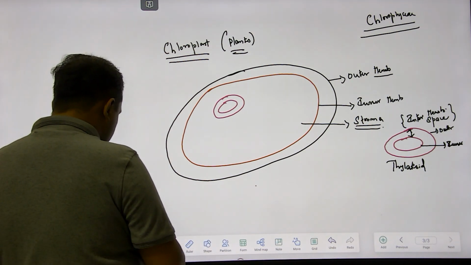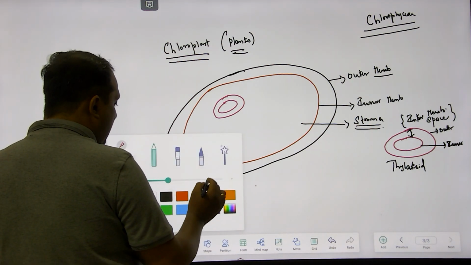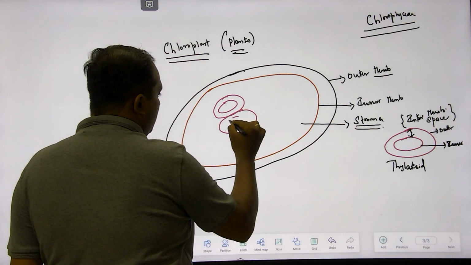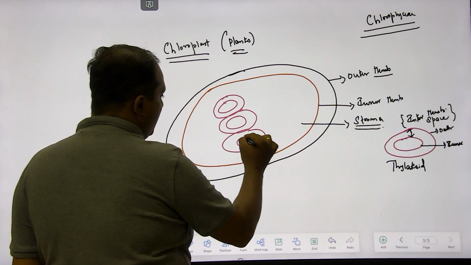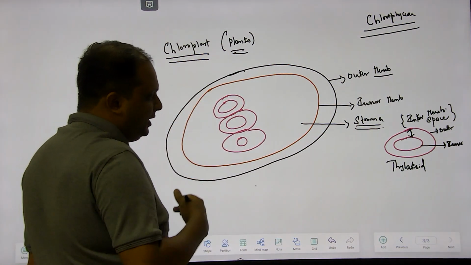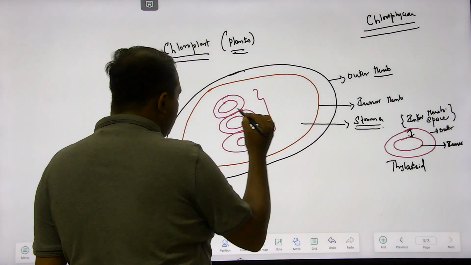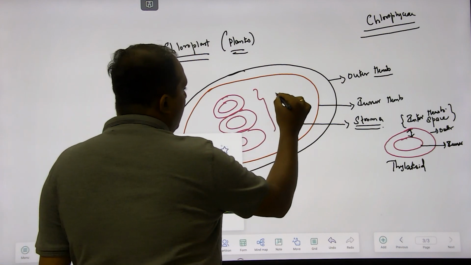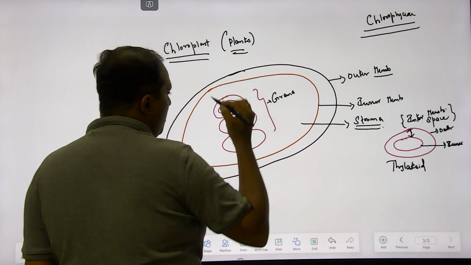Now friends, this thylakoid is arranged, say for example, as a pile of 200 such thylakoids. They are stacked one upon the other, and you call the entire pile of thylakoids grana.